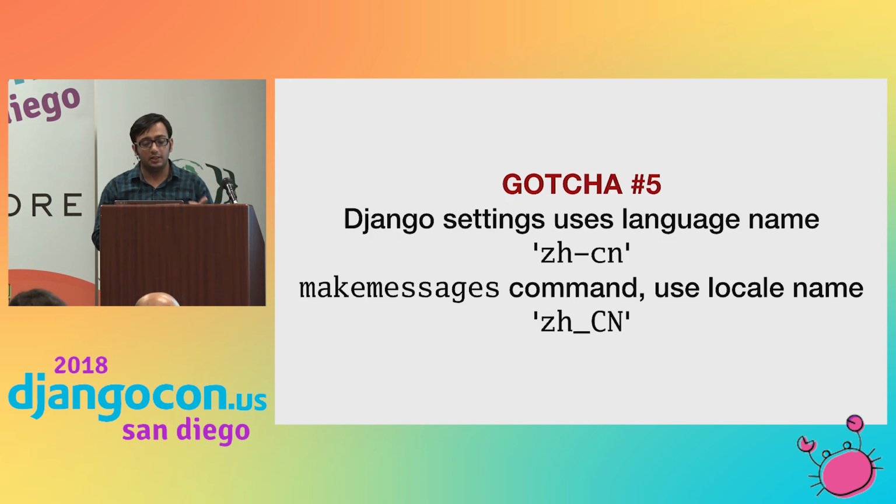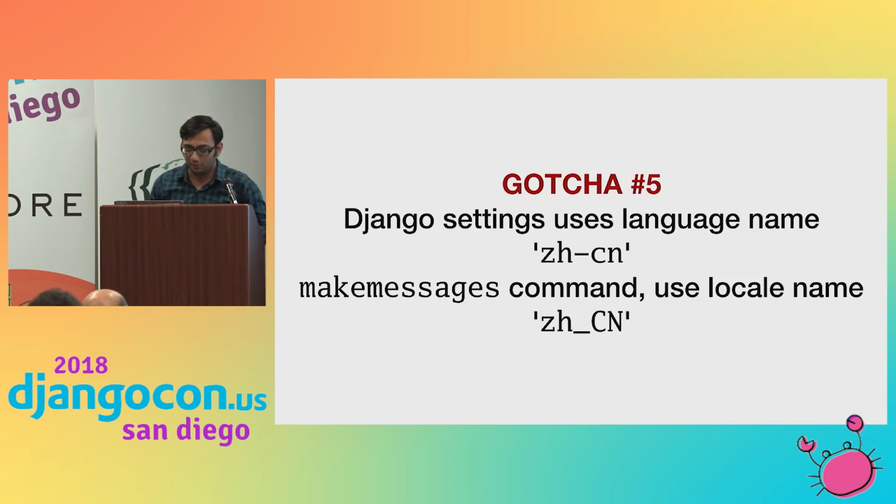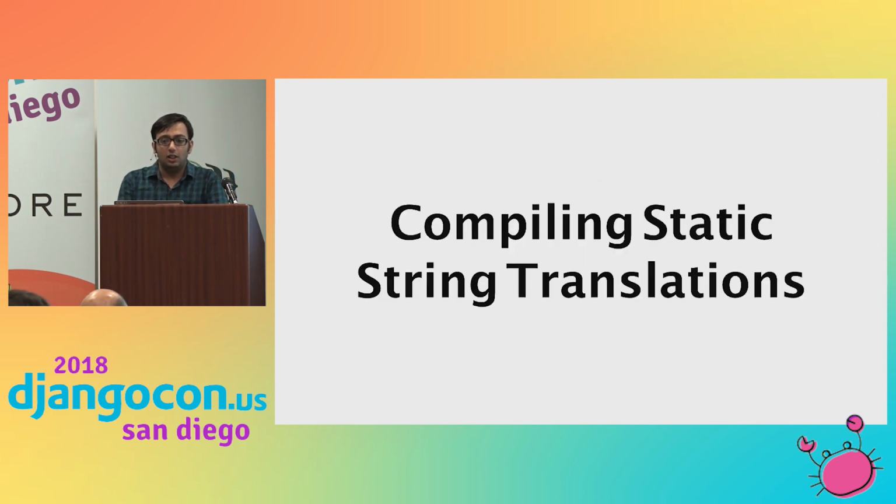But when you did this in the makemessages command, you used the locale name, which was zh_CN. So CN is the region, and it should be in caps, separated by an underscore. If you make a mistake here, you won't see any error, and your translations won't work either. There's a small line in the documentation which says this is how you should do it. So take care here.